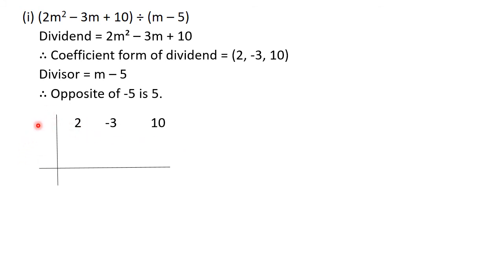Then on the left hand side, you are going to write down the opposite number which we have found out, that is 5 here. Then I told you that the first number from the first row you will carry forward directly to the third row like this by arrow. Okay, so 2 is taken down like this. Don't write anything below these two. So always keep a habit of drawing this arrow to understand it better.